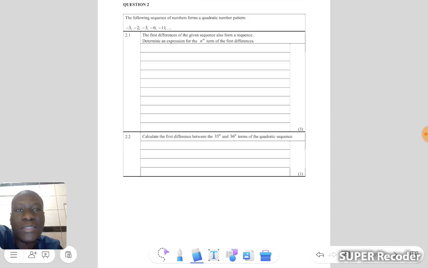So first question, we have question 2. The following sequence of numbers forms a quadratic number pattern: -3, -2, -3, -6, -11. So learners, in this situation, what you need to ask yourself is, what is a quadratic number pattern?